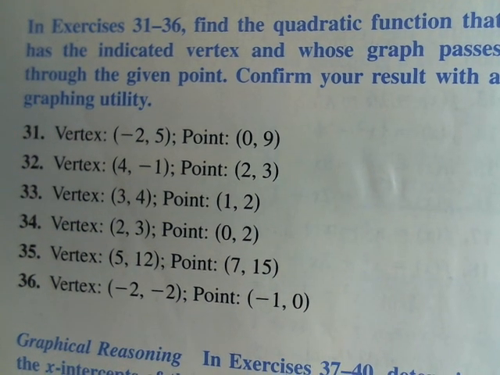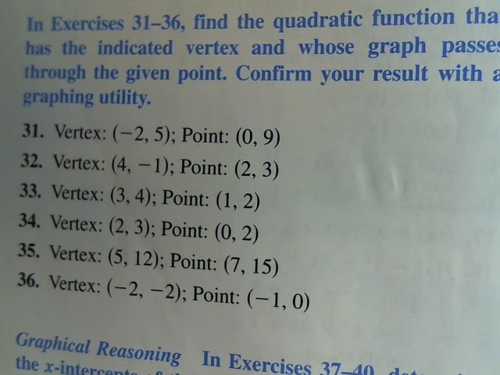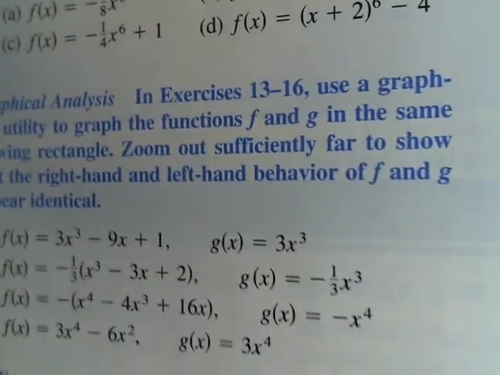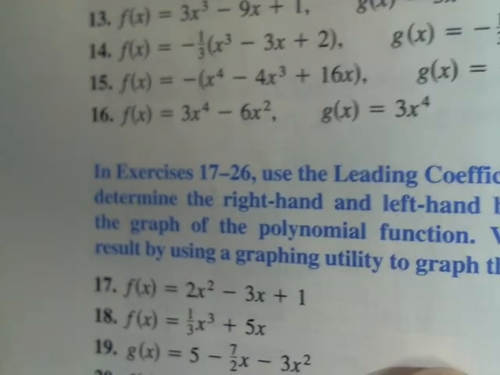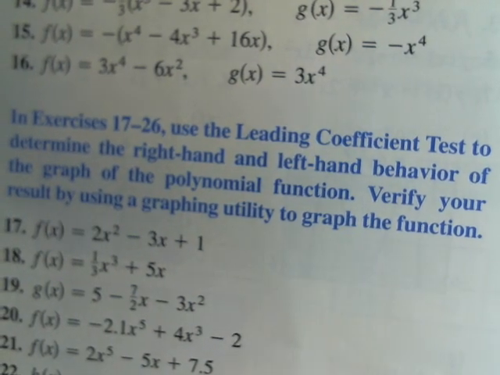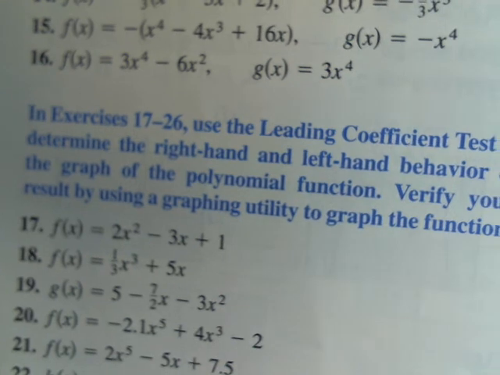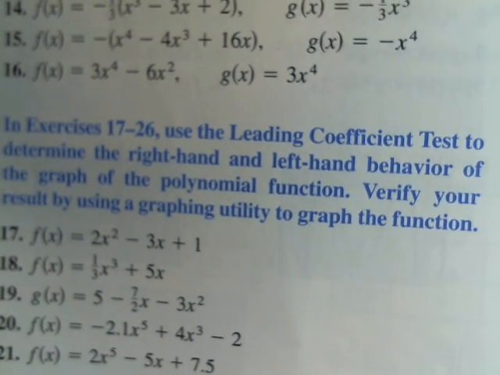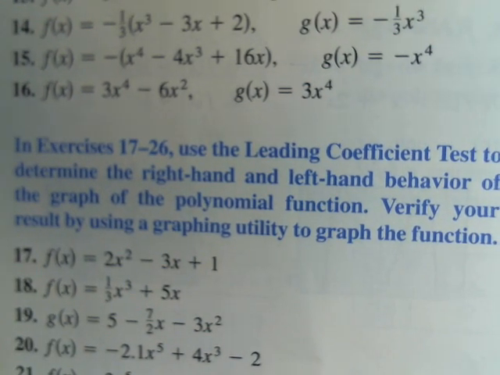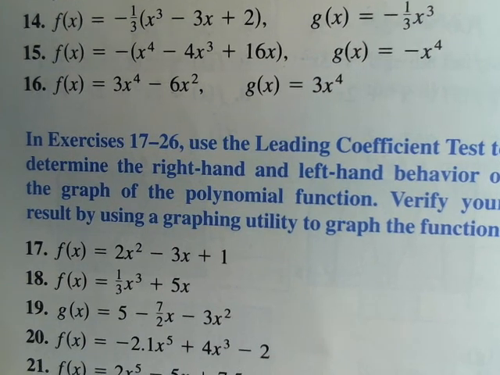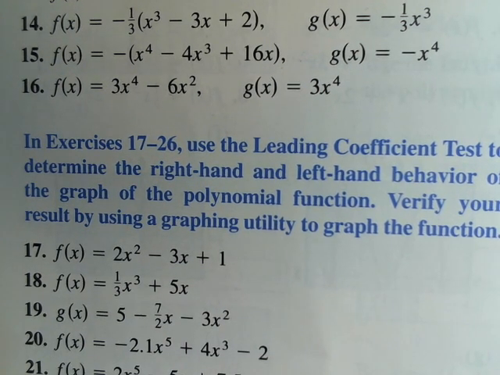Next one is on page 178, number 23. Let's see, 23 is down here. Use a leading coefficient test to determine the right and left-hand behavior of the graph. There we go.